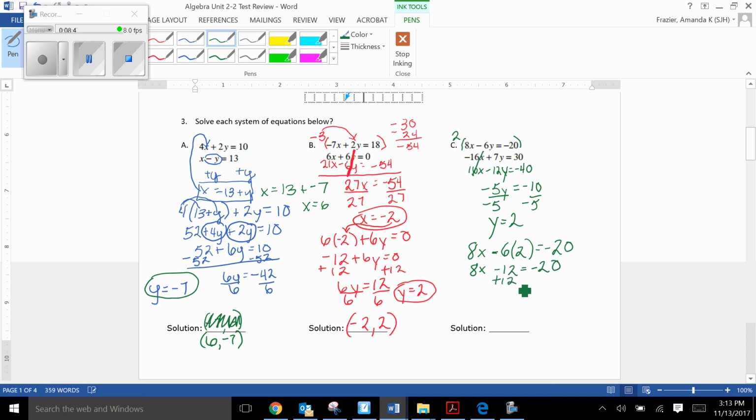I'm going to add 12 to both sides. When I add 12 to both sides, I have 8x equals negative 8. And I'm going to divide by 8. x equals negative 1. So now I have my solution. x is negative 1, y is 2. So negative 1 and 2 is my solution.